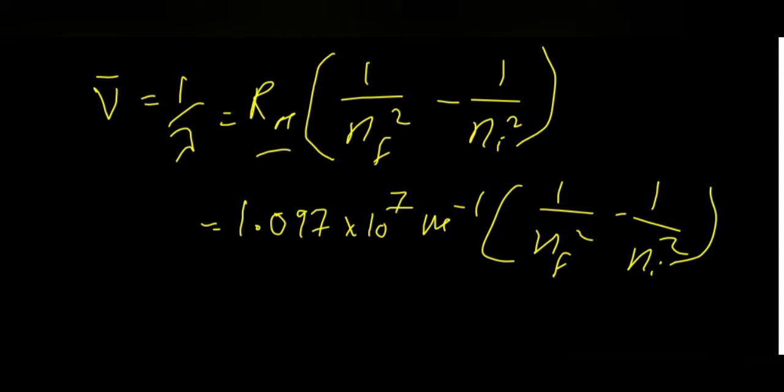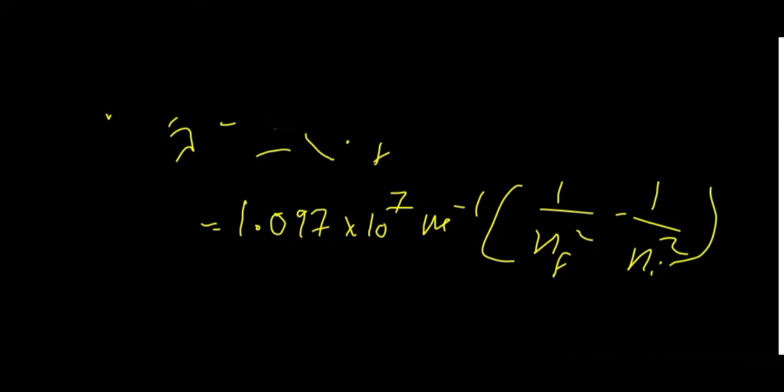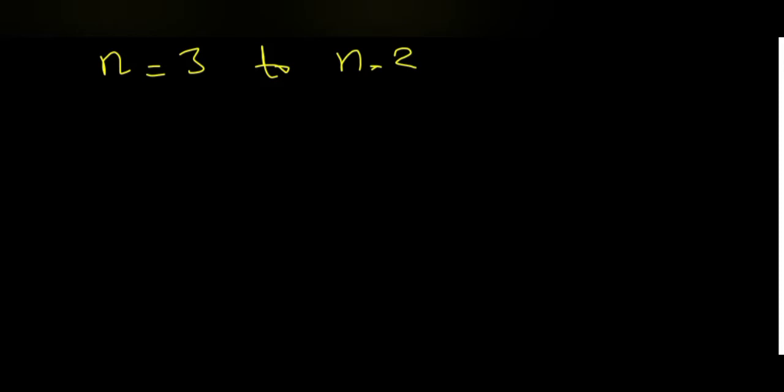So we can calculate the wavelength of a photon needed to change between energy levels. Let's calculate the wavelength of a photon that is required to remove an electron from n equals 3 to n equals 2.